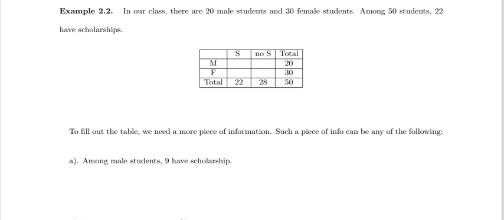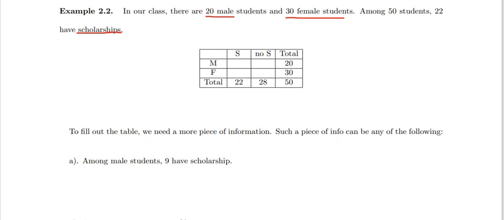So here let's say we can separate students by male or female, and also we can separate students by scholarship and no scholarship. Okay, so here we have 2 factors to separate all students. So we can use such a table.